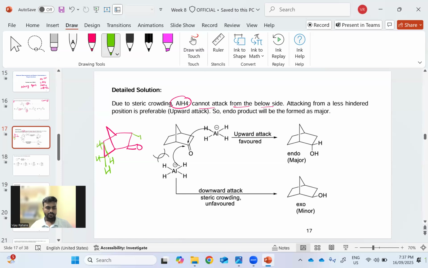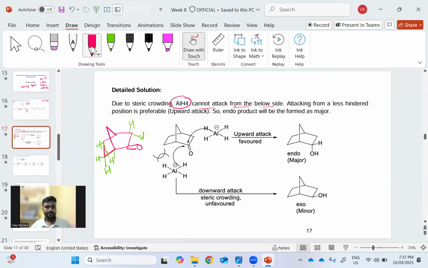Again here also there will be one hydrogen directing downward and one upward. And again, here there is another hydrogen directing downward. There will be steric repulsion. So if LiAlH4 tries to attack from the downside, that's not feasible.